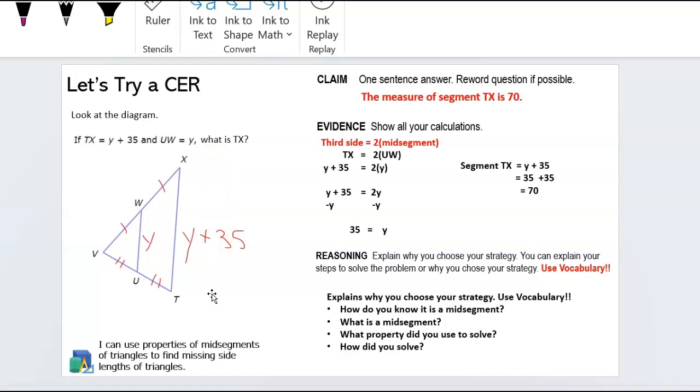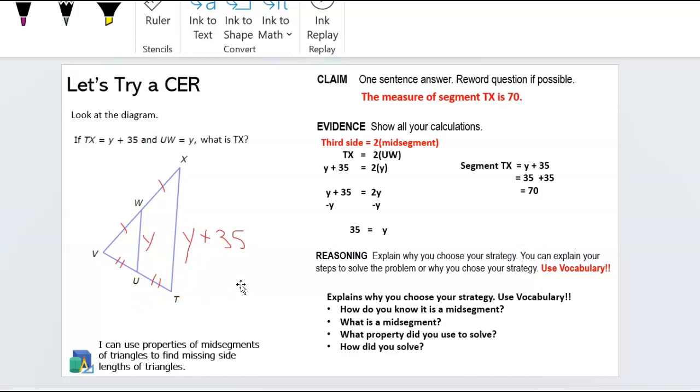In this case, I know because of these hash marks, just like we were talking about on that review definition slide. These hash marks are telling me that W is a midpoint. And these two hash marks are telling me U is a midpoint. The definition of a midsegment is that it connects two midpoints of the triangle and is parallel to that third side. And so that should appear somewhere in your reasoning.